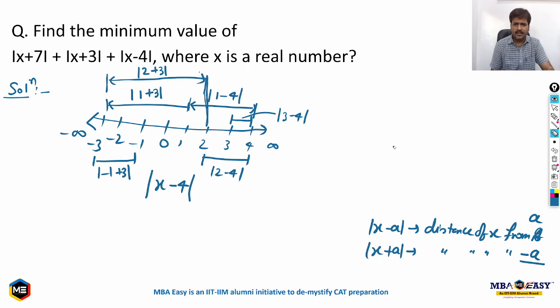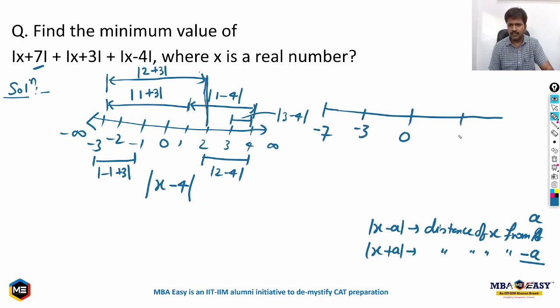Now see here, draw another number line. Say this is 0. You have x plus 7. The question says x plus 7. So plot x is equal to -7 somewhere here. X plus 3. So plot x is equal to -3. And x minus 4. So plot x is equal to 4.